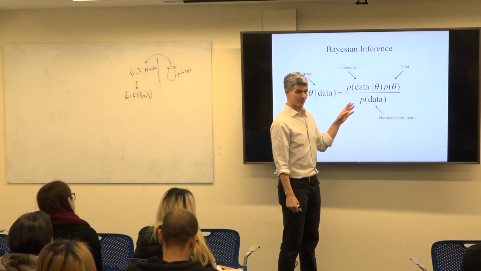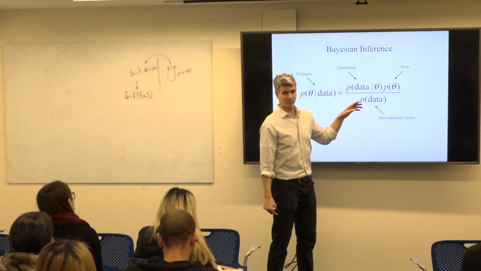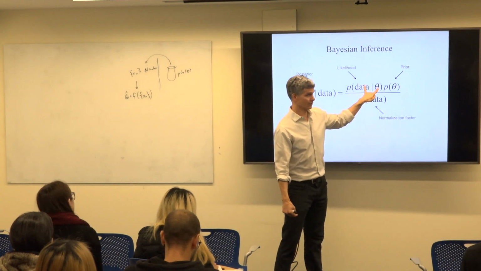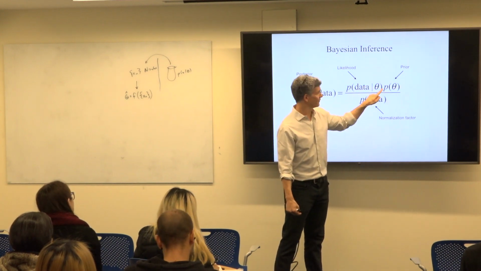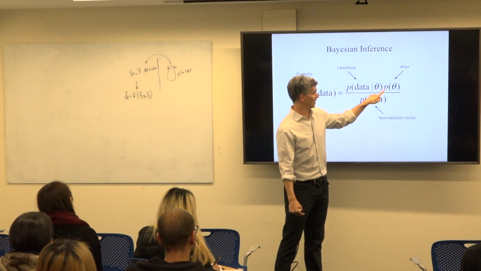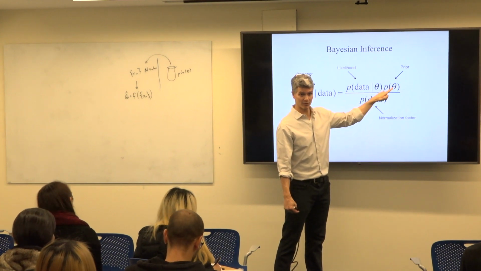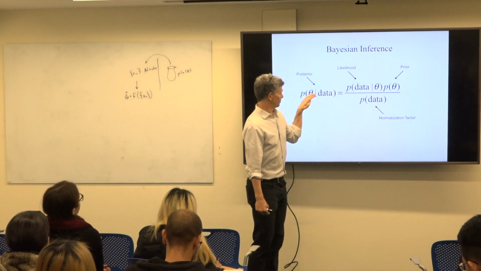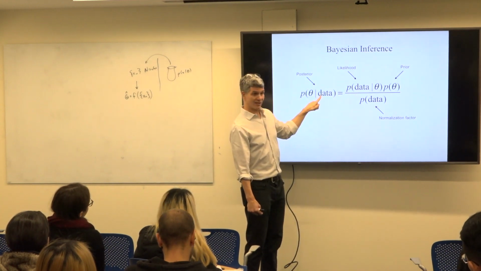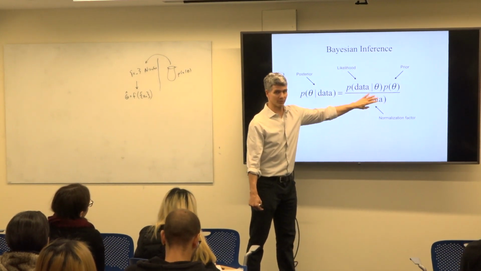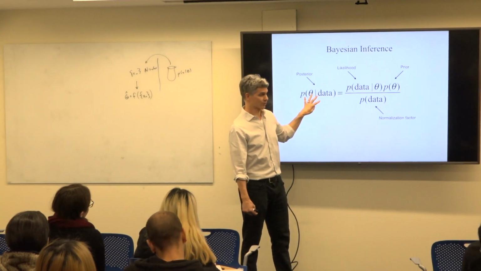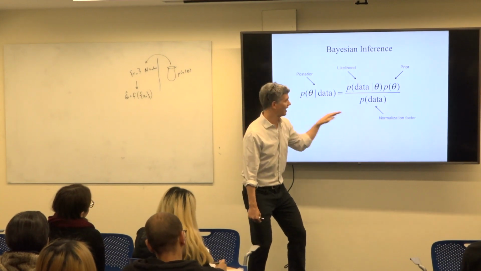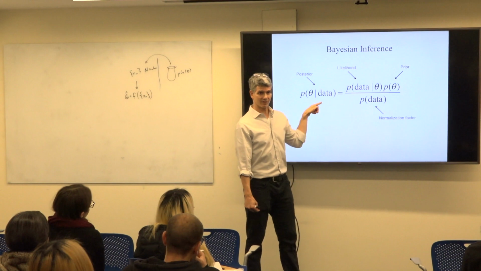So the way we write this out is that the joint distribution is the probability of the conditional times the thing you're conditioning on. So p of data given theta times p of theta, that's the joint distribution, p of data comma theta. And the same thing would be true over here, p of theta given data times p of data. That's the joint distribution. So those two things are equal. And if I divide out the p of data, then I get this expression.